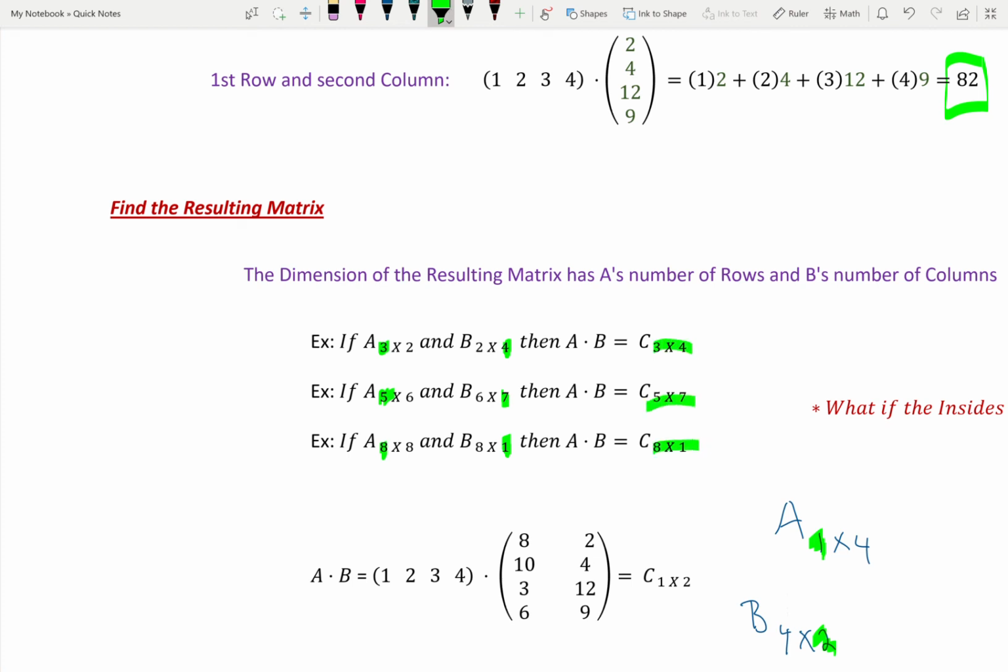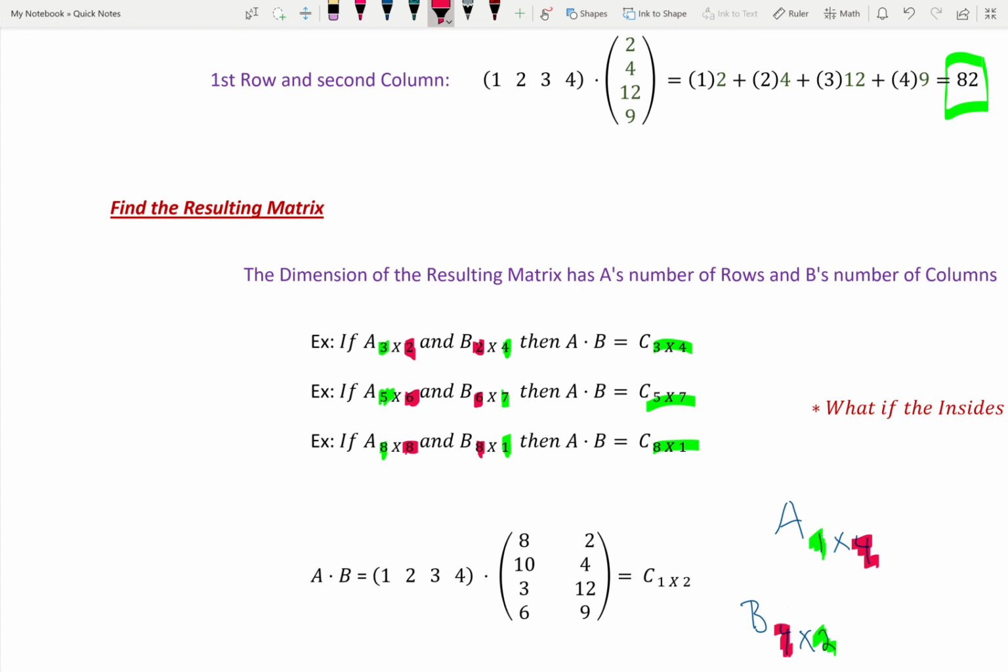But did you notice something special about the inside values? This one's column is 2 and this one's row is 2. This one's column is 6, this one's row is 6, this one's column is 8, and this one's row is 8. Even here, this one's column is 4 and this one's row is 4. So all of them, the inner numbers, are matched.